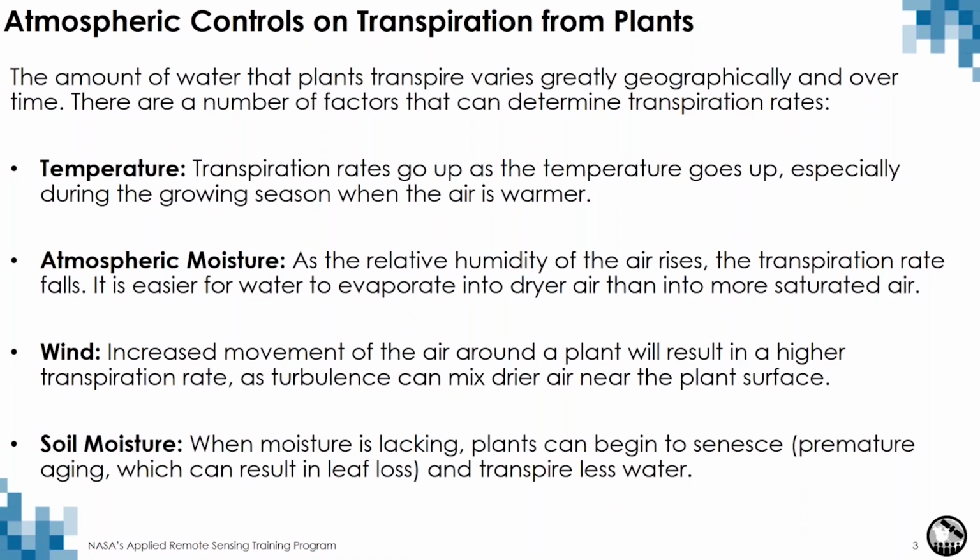As the air becomes more moist, the transpiration rates can fall. This is because there's not as much of a gradient between the leaf and the atmosphere, and so the plant's ability to release water is lowered as the humidity rises. It's easier to evaporate water into drier air than more saturated air.